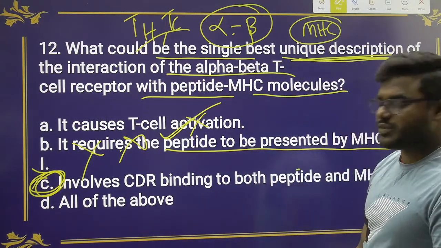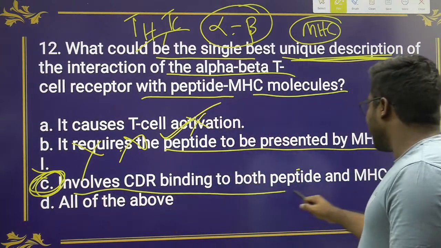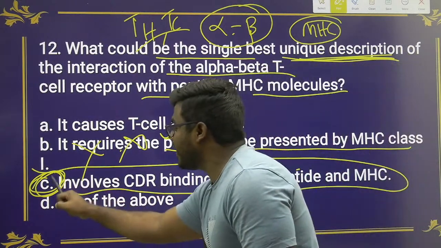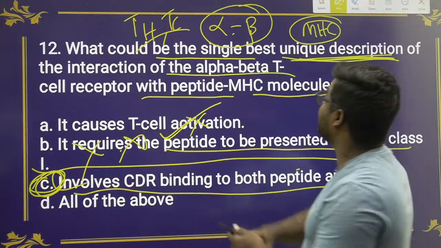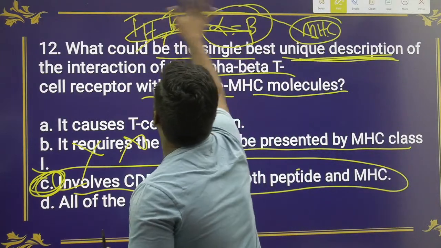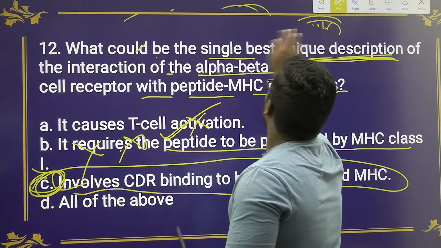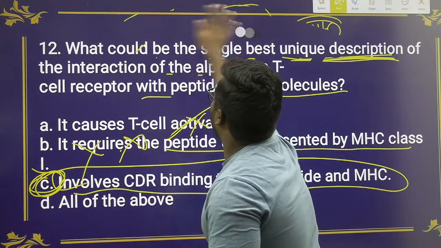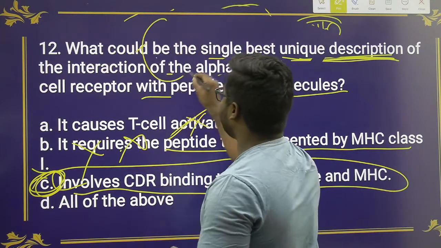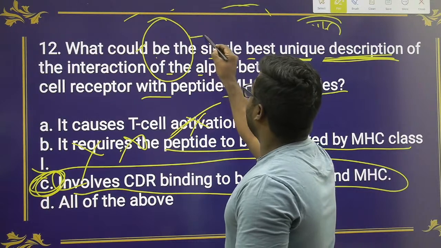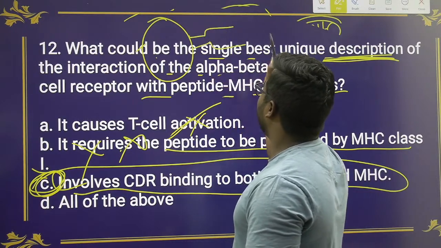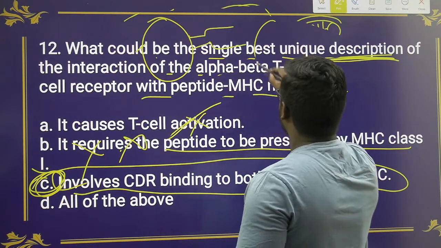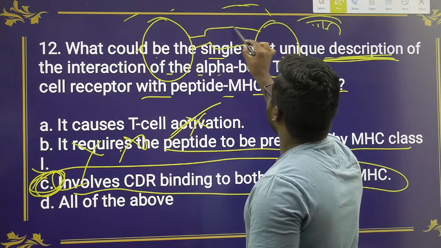Now look at option C. It involves CDR binding to both the peptide as well as the MHC. What do you mean by that? See, all of you listen to me very carefully. This is the T cell. Here, imagine alpha beta receptors are there. This is the MHC molecule.